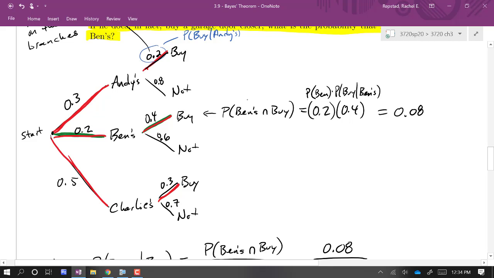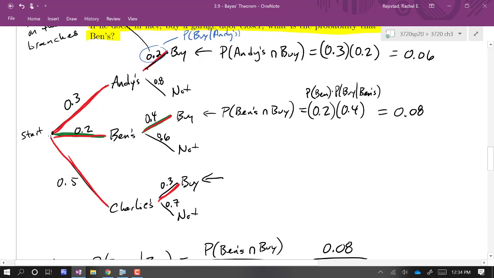Up top, that's the probability that he went to Andy's and bought a garage door closer, so that's 0.3 times 0.2, and that's 0.06. At the bottom, we have the probability he went to Charlie's and bought a garage door closer, and that gives us 0.15.